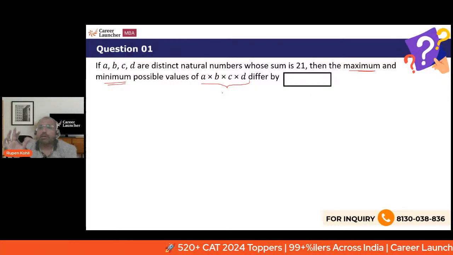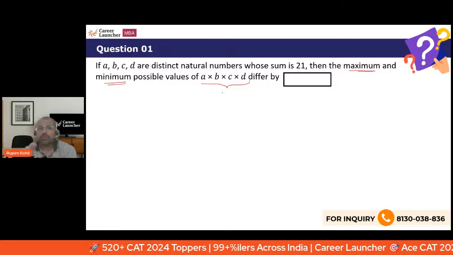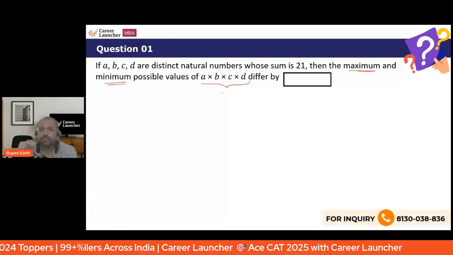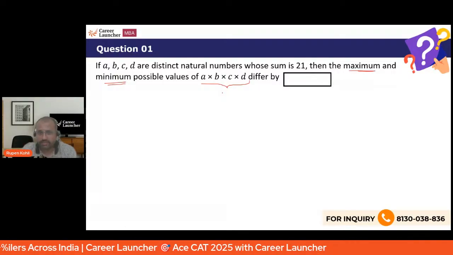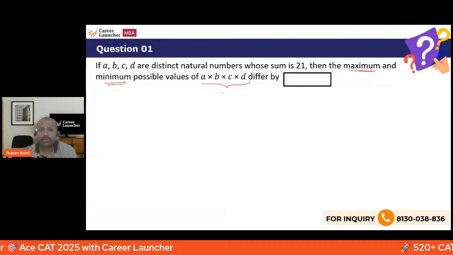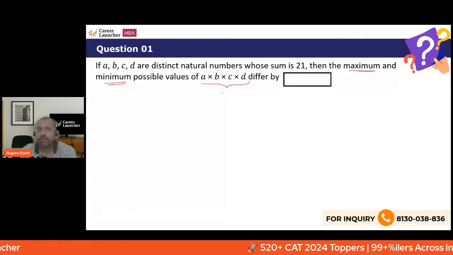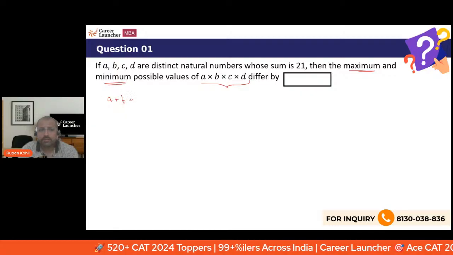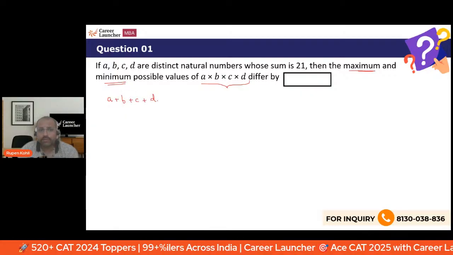Now, the core concept on this question is that when the sum of variables is fixed, constant, then their product is maximized when the variables are equal to each other. All right. So A plus B plus C plus D sum is 21.